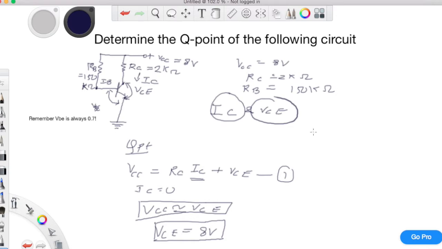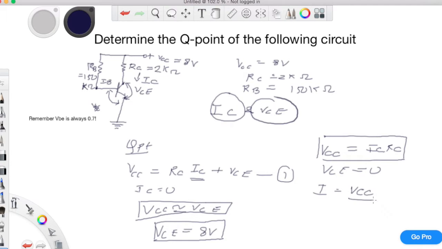Now we'll be doing VCC equal to ICRC from equation 1, making your VCE equal to 0. So you'll get IC equal to VCC upon RC. So IC will be equal to 8 volts upon 2k.